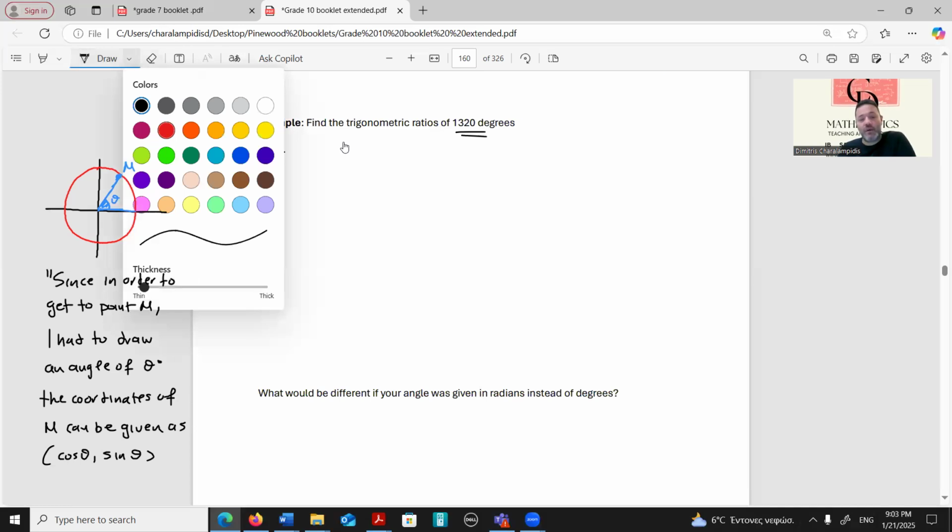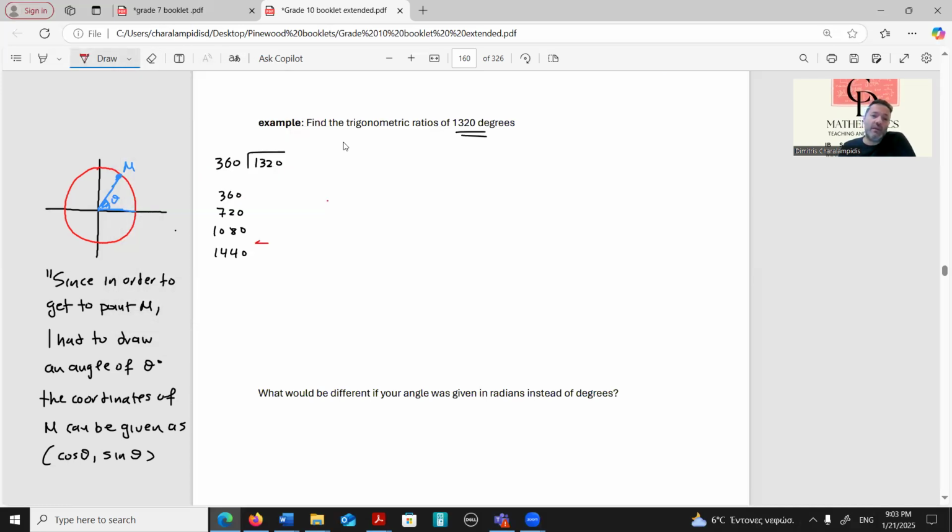So 1320 is somewhere between, which means that I had to draw 3 circles, which means that 1320 should be equal to 3 times 360 plus something. So 1320 is equal to 1080 plus theta, and from here it is obvious that theta is 240.